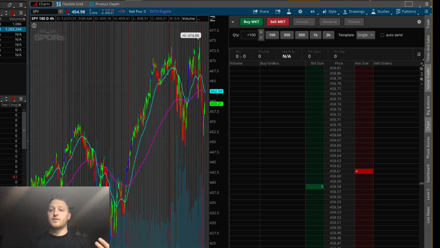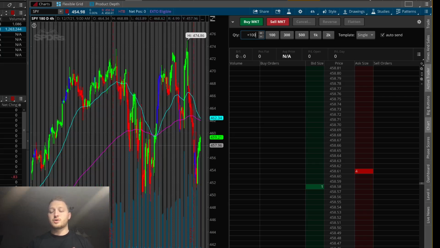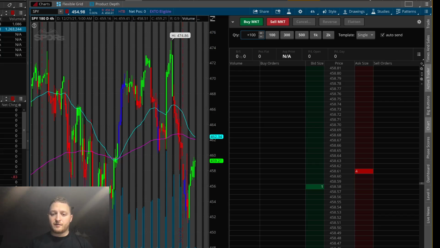What you're going to learn is that a lot of stocks are actually bought by institutions in lots of 100, and that's why you see this number up here. When I first started, there's no way I was going to buy lots of 100 shares, especially when a stock like SPY here, which is the S&P 500 ETF, is trading at $459.21.